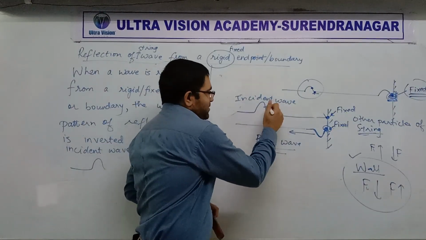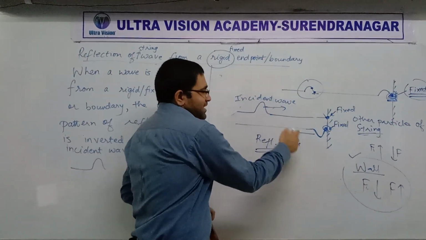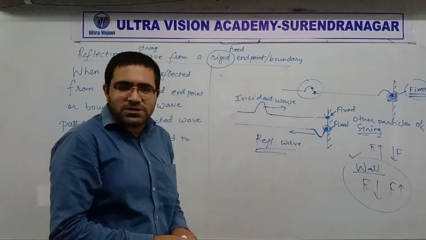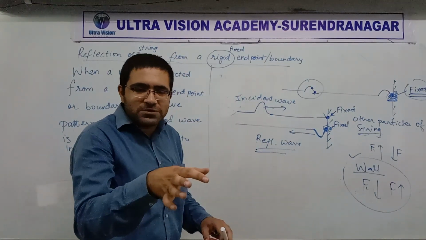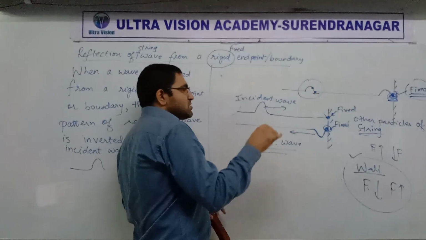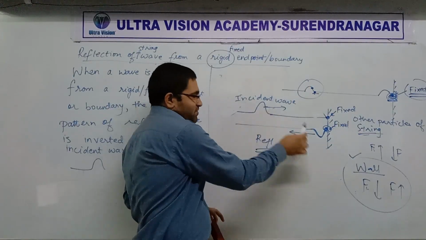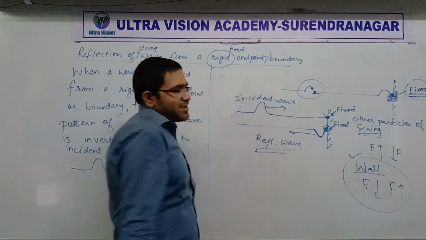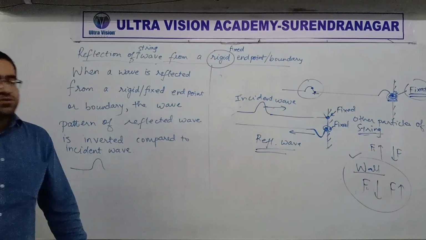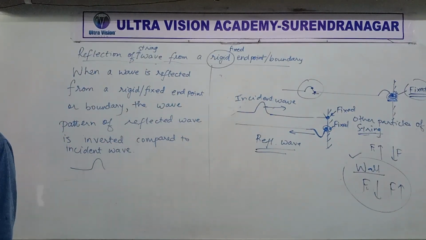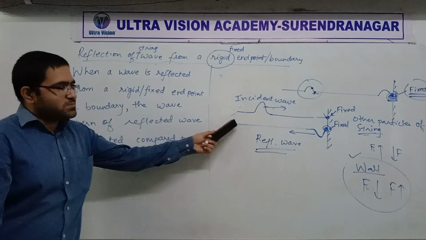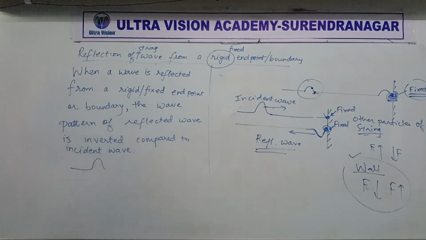These arrows are not the main thing. This is expected. That's what is called reflection. Reflection means coming back in the opposite direction. What is important is that the wave pulse got inverted. Is that clear? So make sure you draw these diagrams. Done? Everyone?